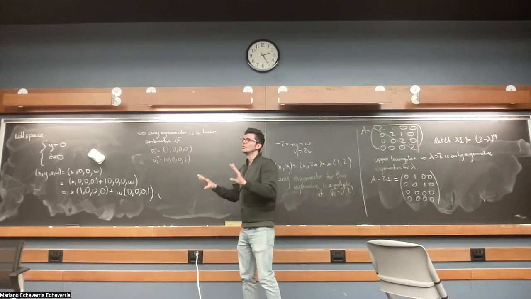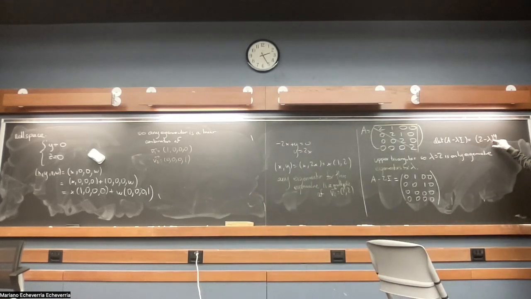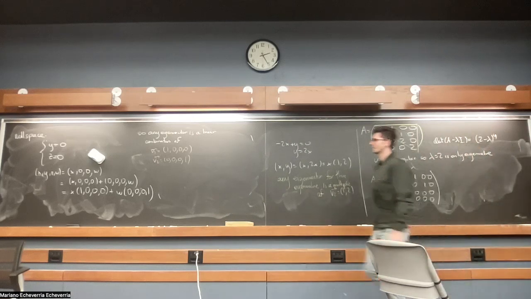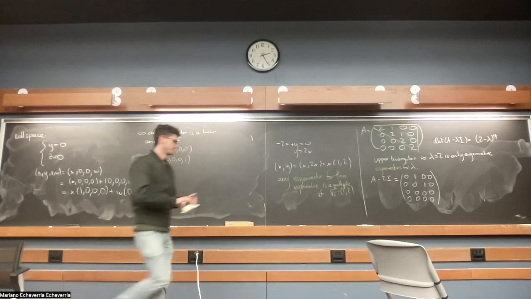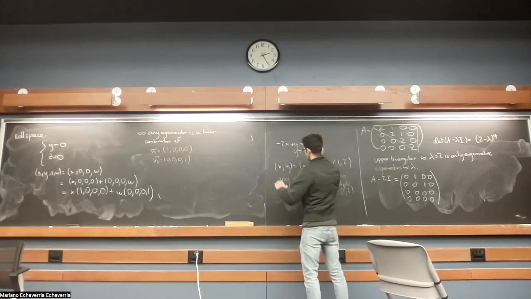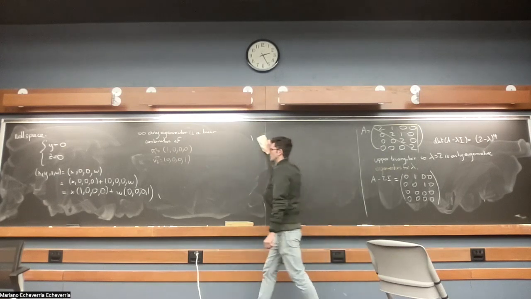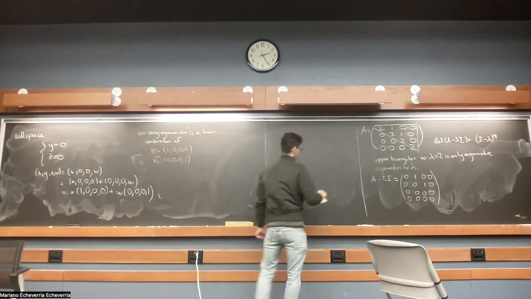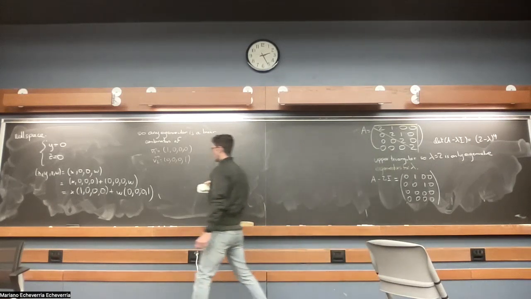So the dimension of the null space is always going to be less than or equal to the power on which the eigenvalue appears. So let me write those two things down. And then I'll do another example, and then I'll tell you about something else. So, yeah, let's make some remarks.